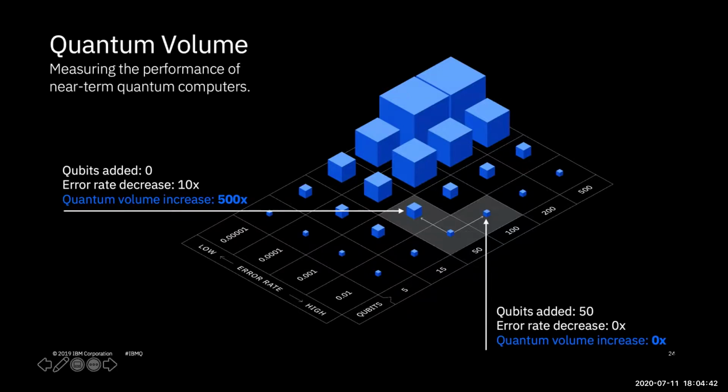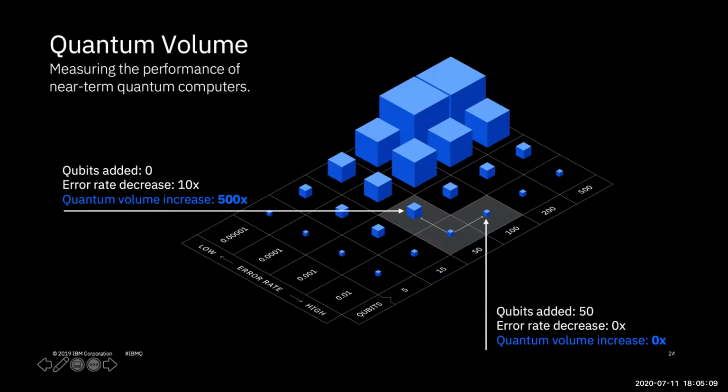Just to illustrate that, in this example that you see here at the bottom, the x-axis is the number of qubits, the y-axis is an abstract error rate, the other metrics, the noise we are talking about. If I just double the qubits without doing anything about the noise, I don't increase the quantum volume or the power of the quantum hardware. However, if I improve my error rate by an order of magnitude, I can potentially have a 500x increase in the quantum hardware power.